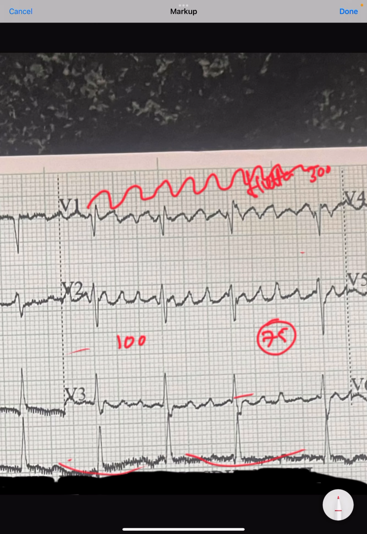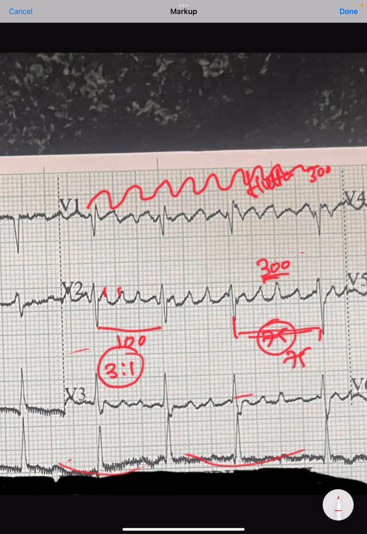It means that there is a block. So this atrial rate is not completely carried out to the ventricle. There is a block of 3 to 1 because the atrial rate is around 300 and the ventricular rate is almost a third of the atrial rate. Whereas here the atrial rate is again around 300, but the ventricular rate is around 75.